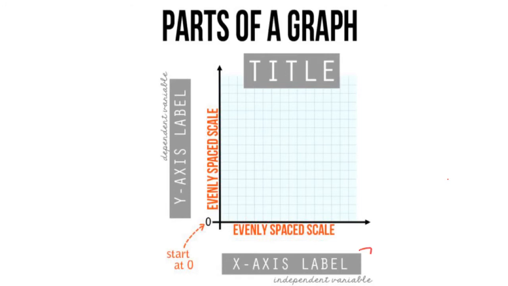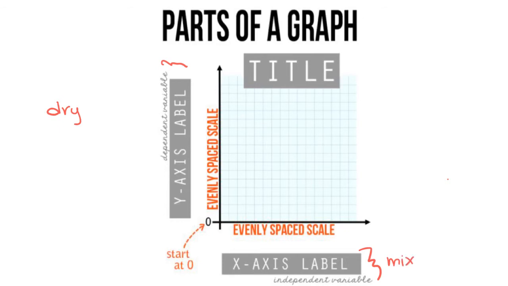First, please remember that the x-axis always is the independent variable, and the y-axis is always the dependent variable. Now, I know that this might be a little bit hard to remember, so I'd like to teach you a quick trick. I remember DRY MIX, and you might be thinking, that's weird.